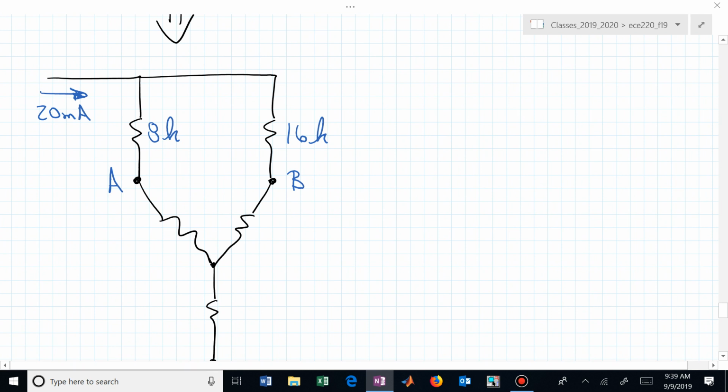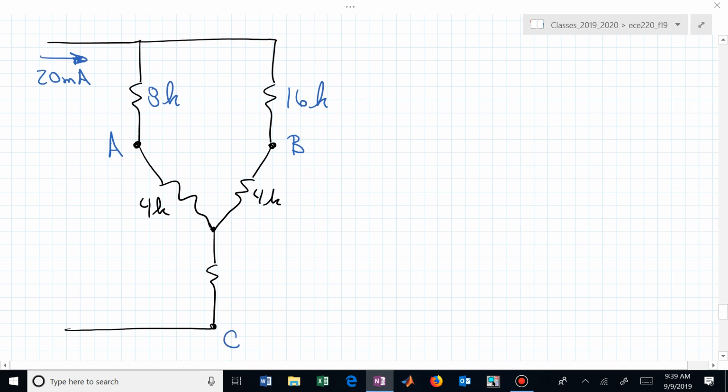The Y was inside the delta, wasn't it? The Y is smaller by a factor of, how many resistors are there? 3. So 12 divided by 3, and they're all the same. This is now 4K, 4K, and 4K.